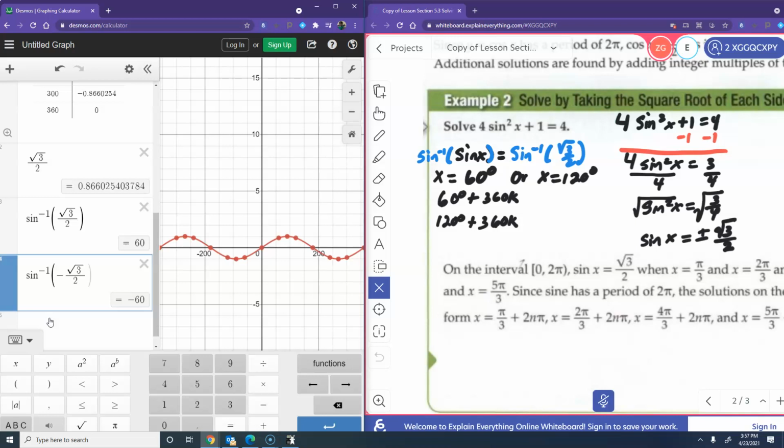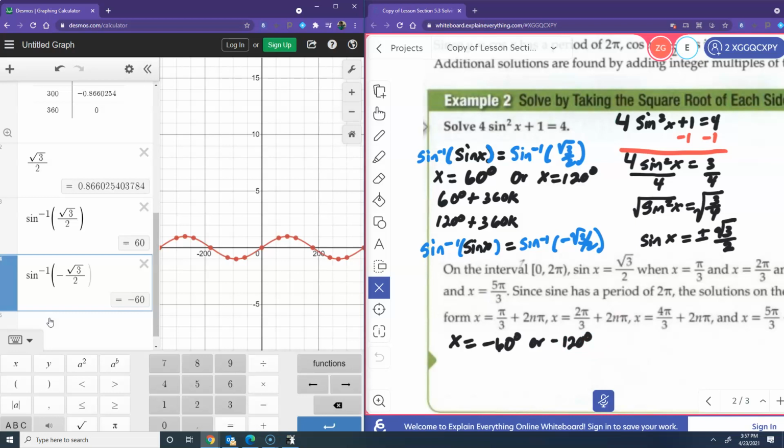The inverse sine of sine of x is negative square root of 3 over 2. And I'm going to go ahead and write it underneath. And you notice that the angle will either be negative 60 degrees or negative 120 degrees.